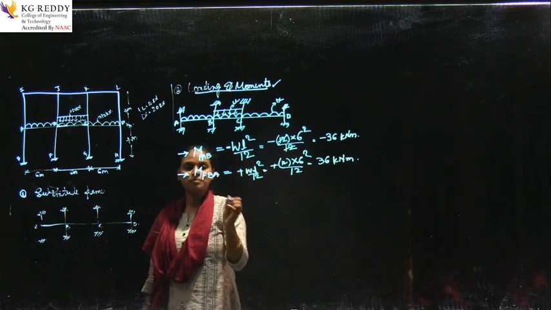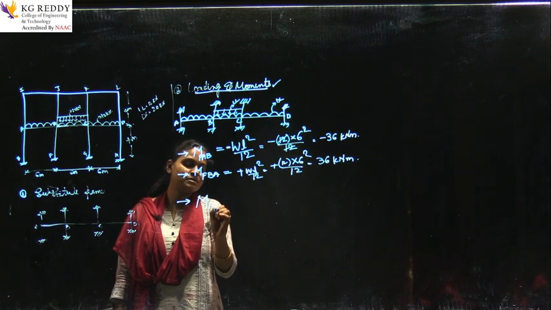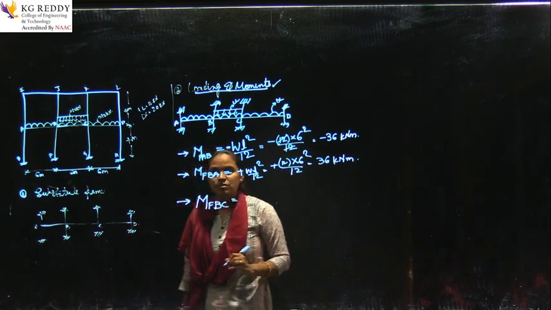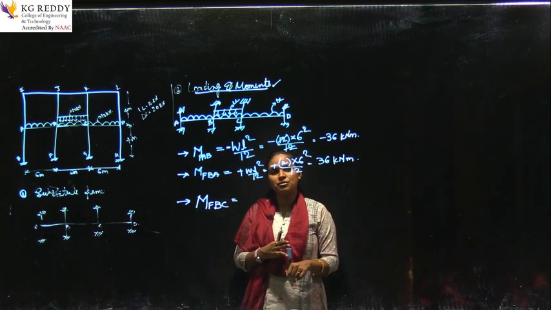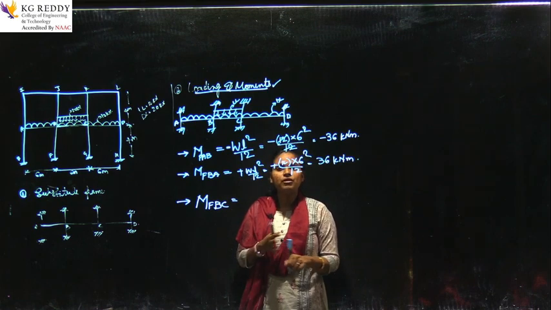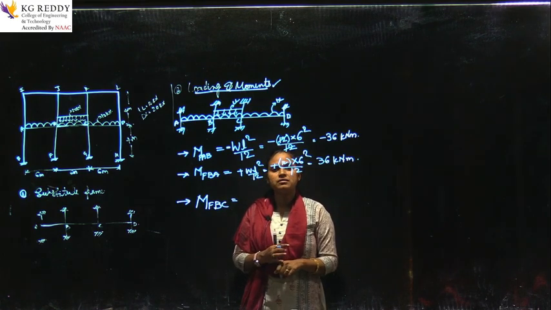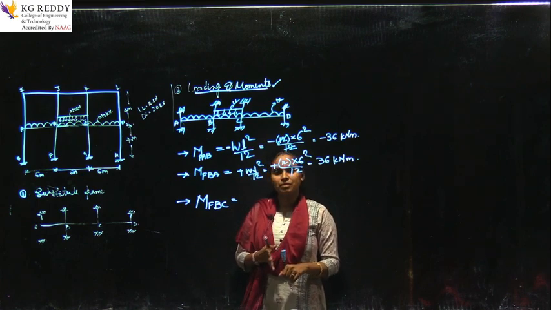Next, along BC. So, BC is subjected to two types of loads, that is live load and dead load also. So, live load you have 12 kilonewtons and dead load you have 20 kilonewtons. So, overall what is the load acting on the BC member? Yes. So, 12 plus 20, 32.